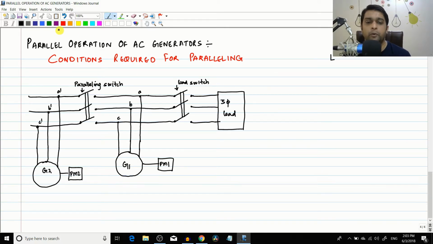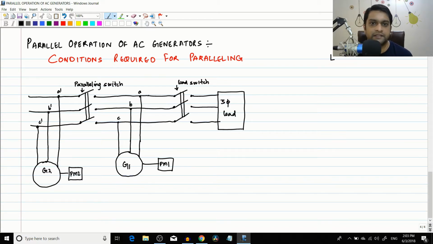Now remember one thing, I want to set some things straight initially itself. These are the conditions required for paralleling. The parallel operation has not happened yet, so we have not closed the switch for parallel operation. These are the conditions which have to be met before paralleling. Only after these conditions have been met do you use a proper procedure to do the synchronization or parallel operation of the alternator.